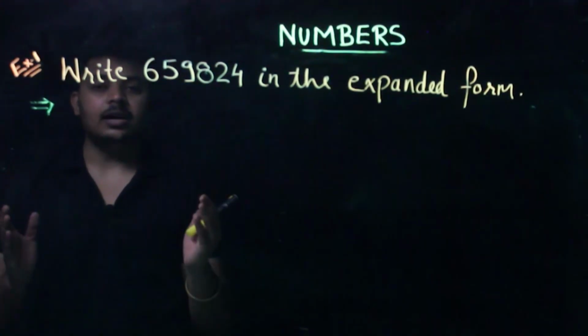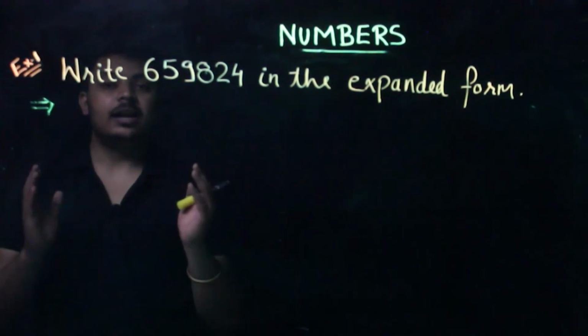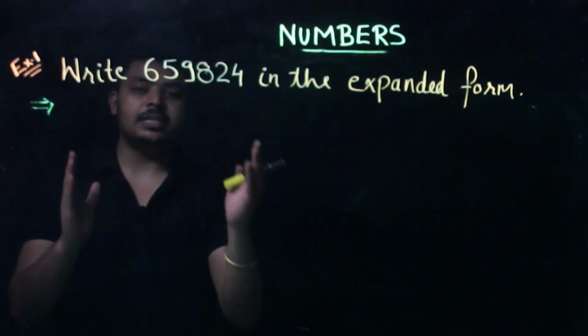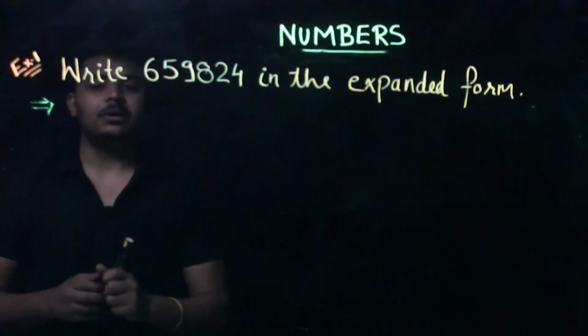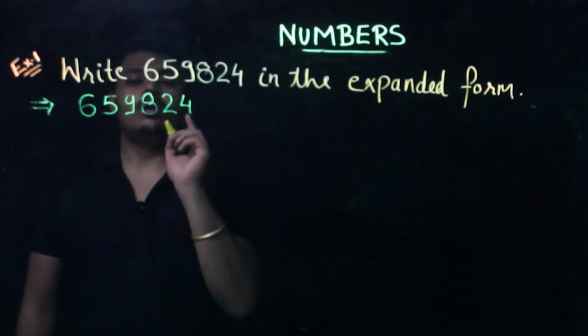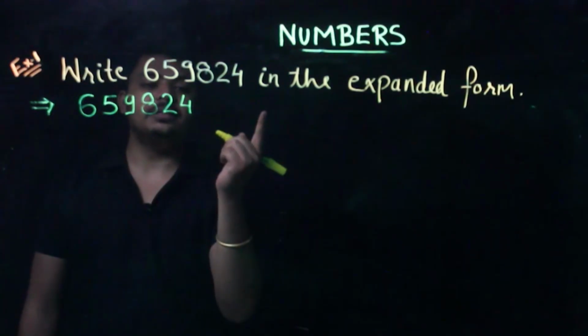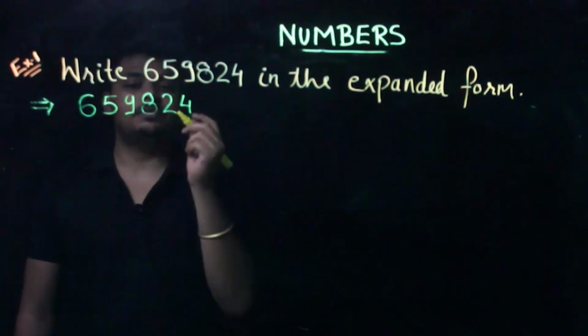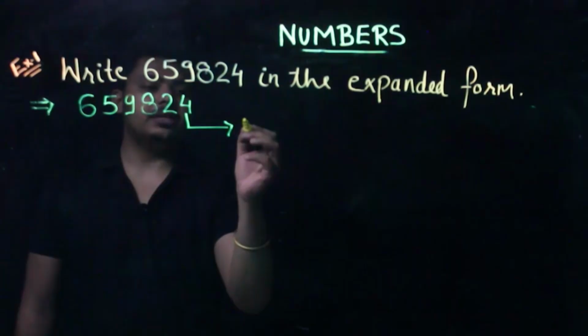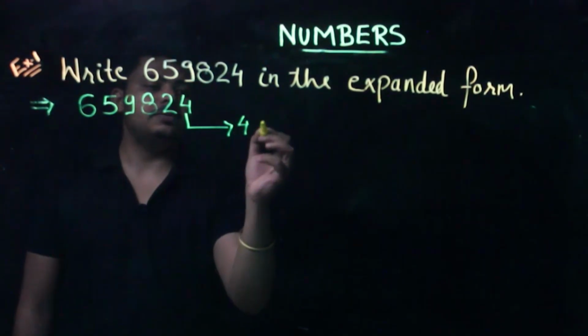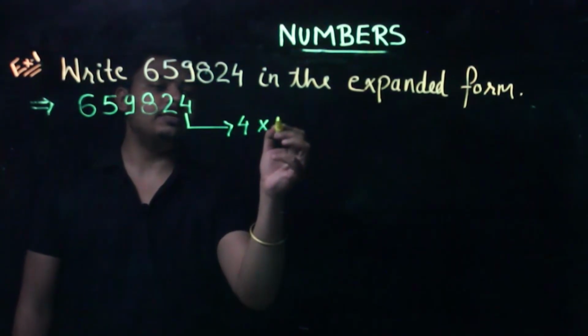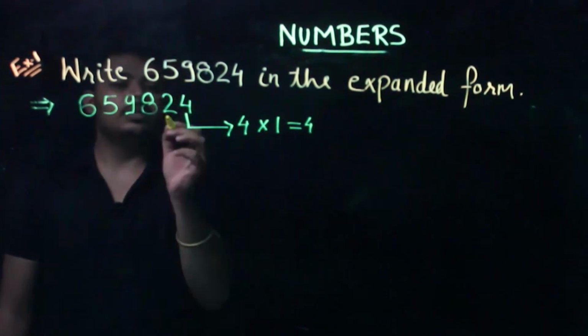We'll start from our first step, that is writing the place value of each and every digit of the given number. So let's start. Starting from our right hand side, that is our last digit, 4. To find the place value, we write its face value and multiply it with 1, we get 4.